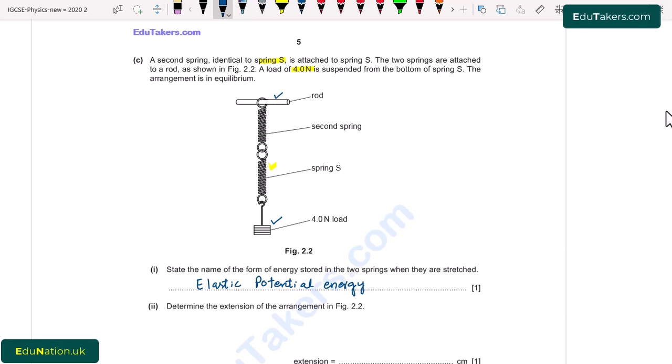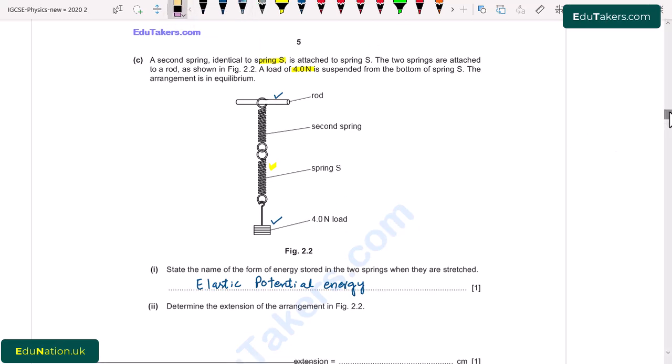Part 2. Determine the extension of the arrangement in figure 2.2. Now here we have to determine the extension, and I represent extension with E. In this part we first go to the figure. You have to remember that the load is 4 newtons.